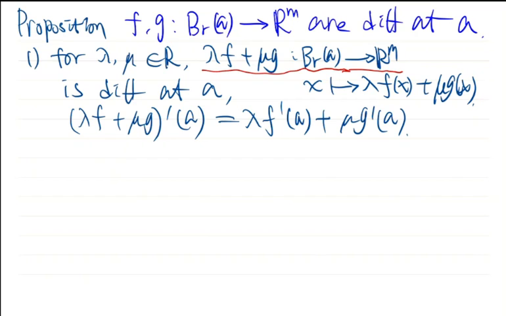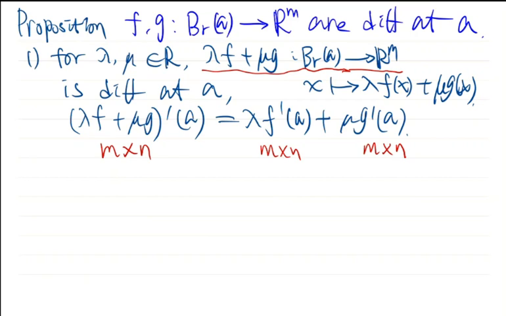So the derivative is an m by n matrix. Similarly, our f is from a ball in R^n to R^m. Therefore, the derivative of f at A is also an m by n matrix, and so is that of g. So this is an equality of m by n matrices.